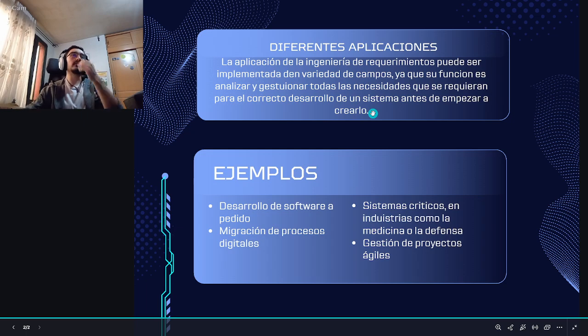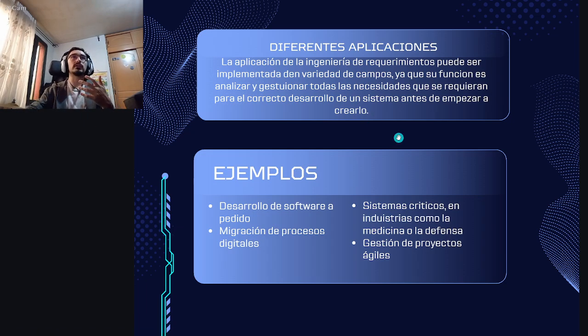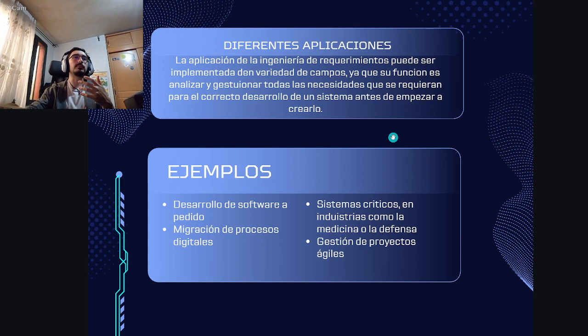And now we can see that it has different applications. So I'm going to give some examples of the applications that it can have.